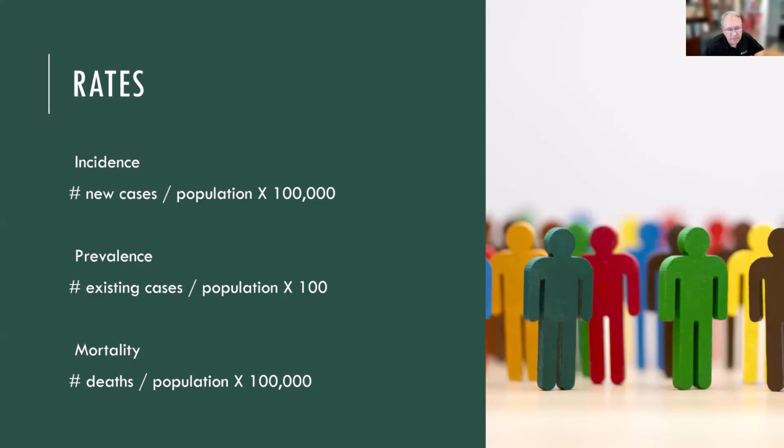So the number of people with heart disease in the population, that's going to be a much bigger number than the incidence rate, because there's going to be people who didn't have a heart attack this year. So that's the difference between incidence and prevalence. And then also you can have mortality rates. What you always want to be looking at is the rate. Is it rate per 100,000, per 10,000, per 100? That's super important, but they typically put it at a level where you have at least one number to the left of the decimal point.